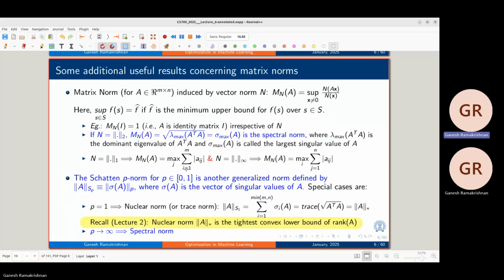Like you said, when p tends to infinity it becomes the spectral norm, so why is it written that p belongs to the range 0 to 1 in the definition? That's a good point. It's just a notion called the Schatten norm for p in 0, 1.